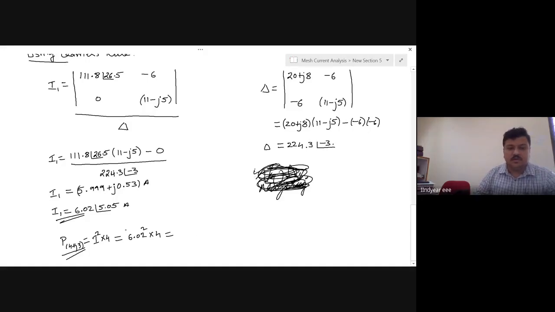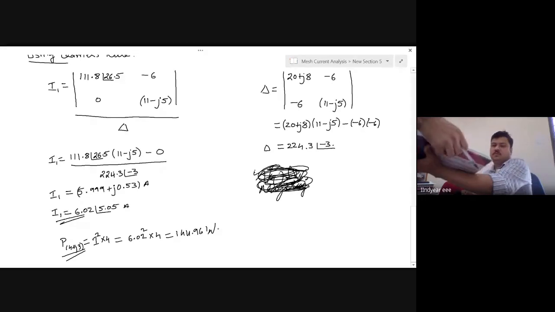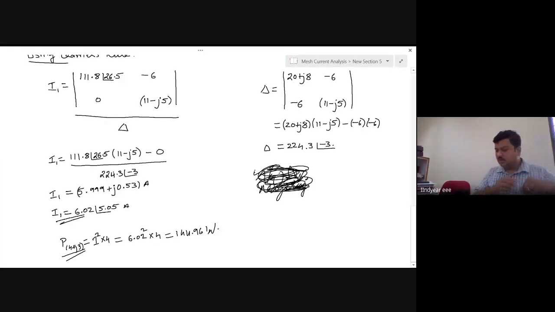Any reason why I don't consider the angle of the current in power calculation?